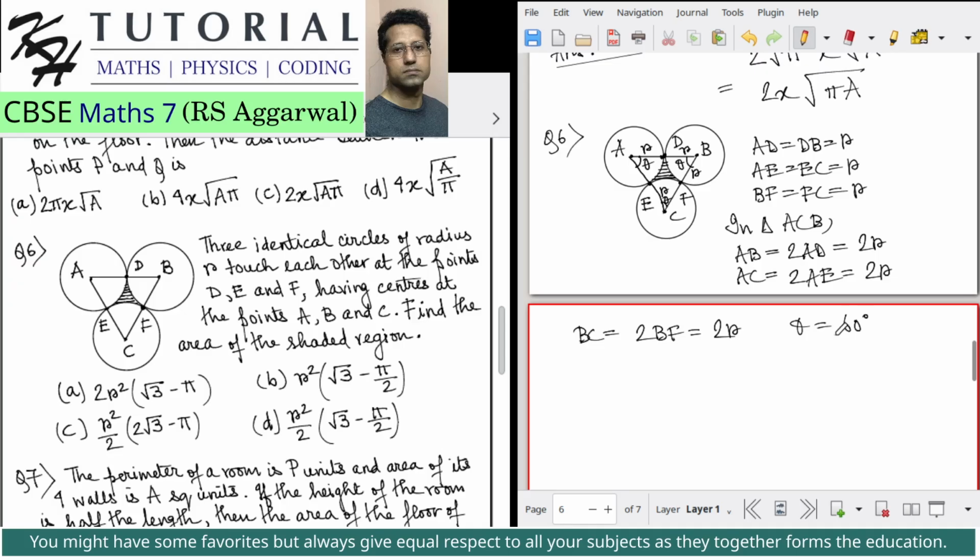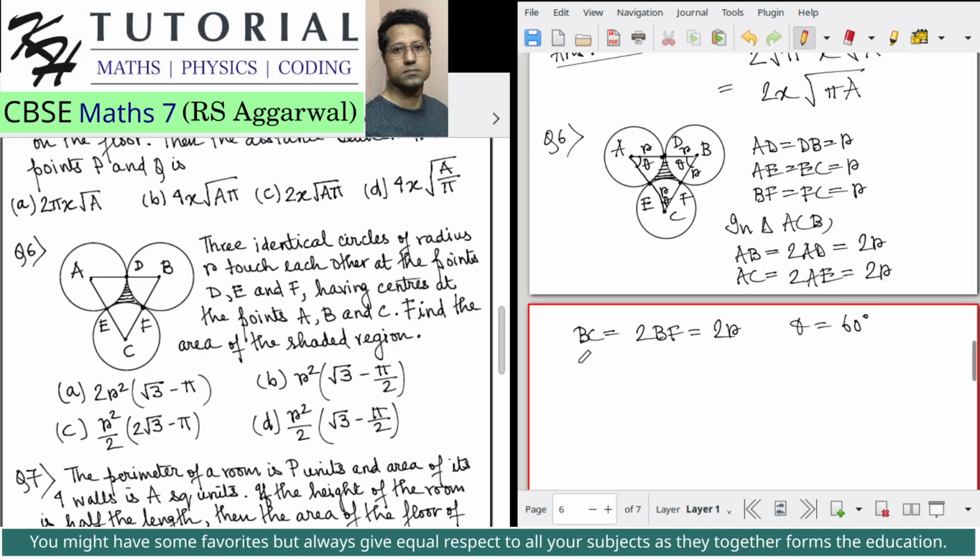Now, at every vertex of the triangle ABC, we see a sector of radius r, small r, and central angle of 60 degrees.